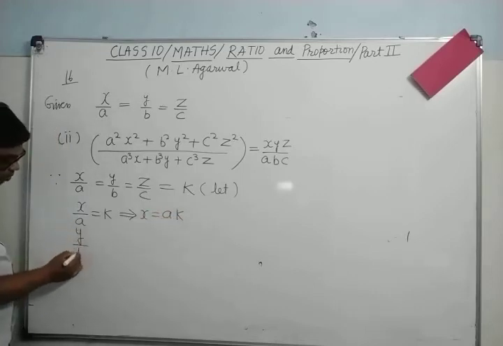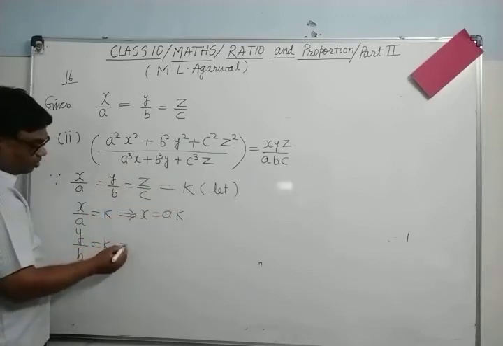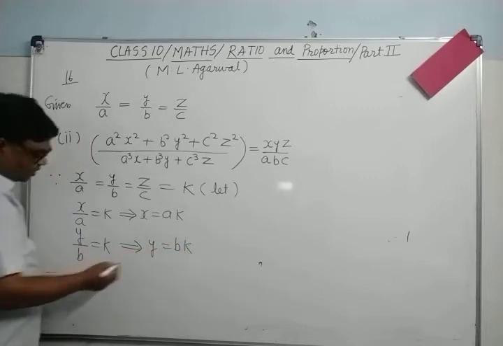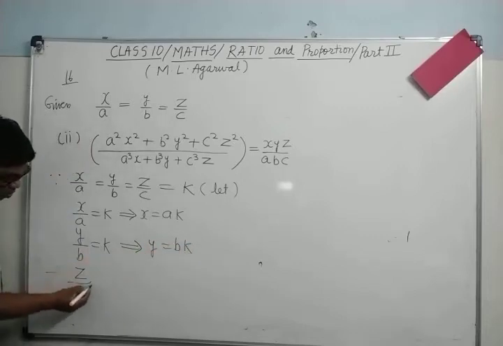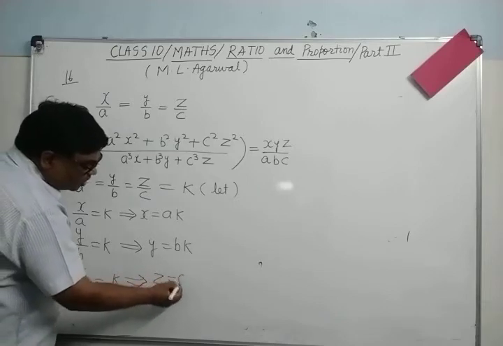Then y upon b equals k, so y equals bk. And z upon c equals k, so z equals ck.